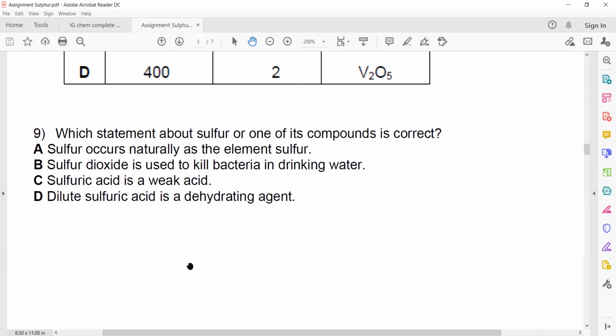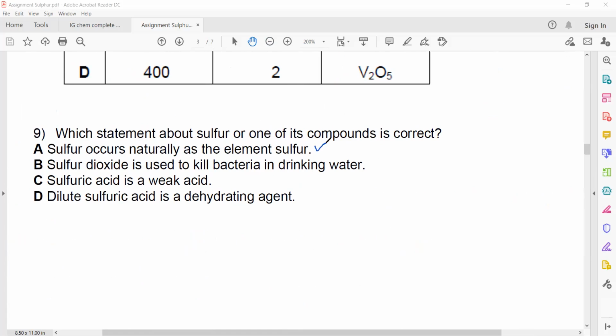Which statement about the sulfur or one of its compound is correct? Look, sulfur occurred naturally as a sulfur element.